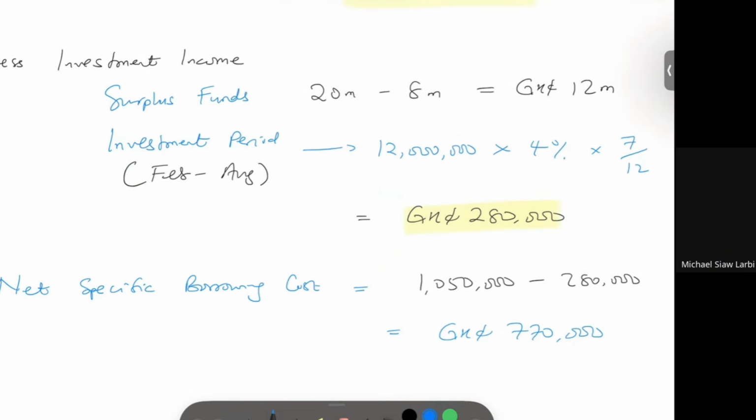This is it. Now, we have found the net specific borrowing, but be careful. The suspension was in November, right? The suspension of the activity was in November. So our activity does not affect it.